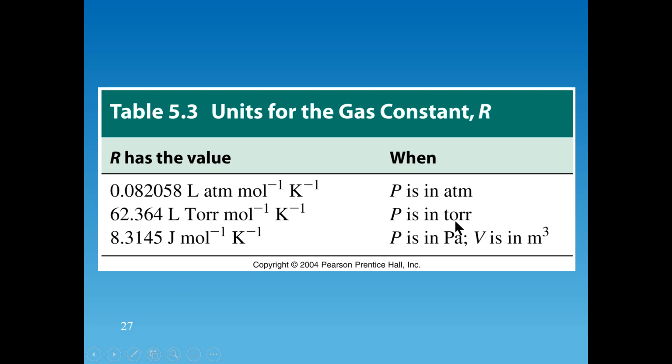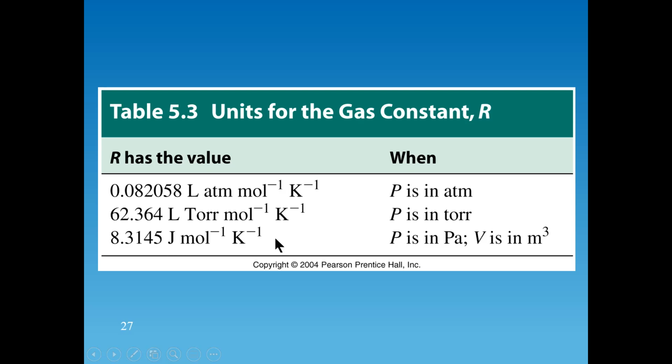If the pressure is in torr, that changes the value of R to what you see here, and the unit changes because where you have atmospheres here, it changes to torr. If the pressure is in pascals and the volume is in meters cubed, then that changes the value of R to this, and the units of R become joules per mole Kelvin.